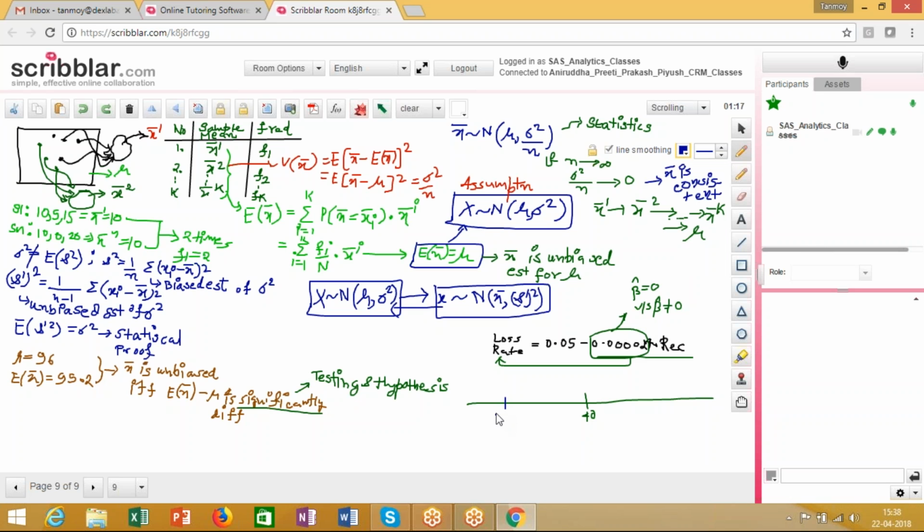One candidate got 35, another candidate got 38.